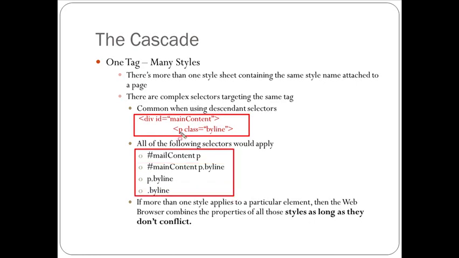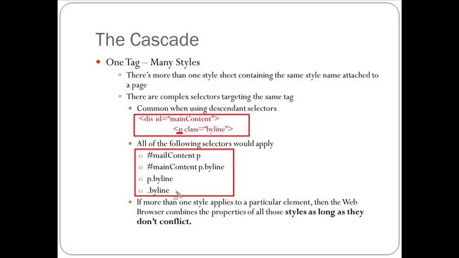That is, they would all apply to the paragraph tag that's mentioned here. It has a class of byline. It is a paragraph tag with the class of byline. It is a paragraph with the class of byline that is a descendant from the pound main content. It is also a paragraph that's a descendant of the pound main content, or the ID main content.